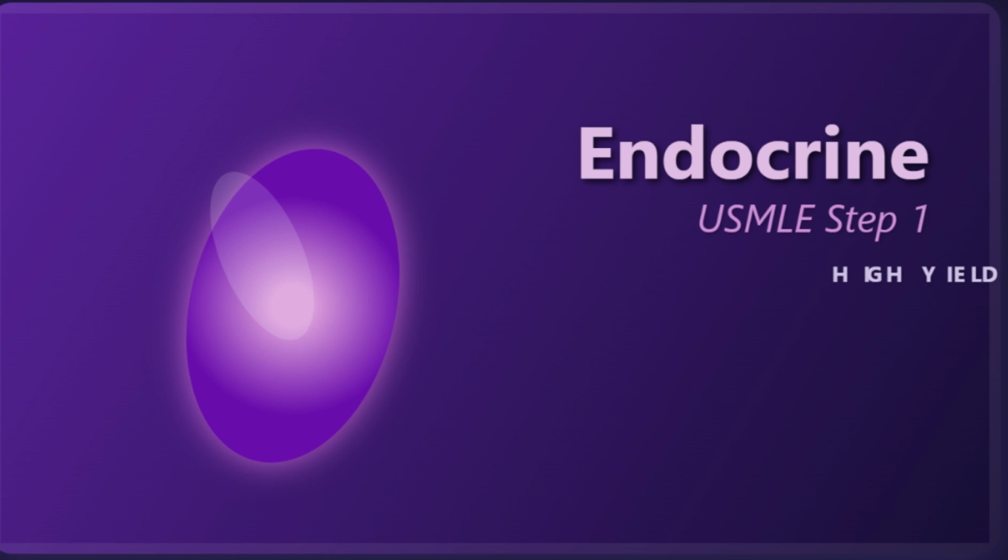Now let's talk about a rare but notable cause, Riedel thyroiditis, also referred to as invasive fibrous thyroiditis. It may occur as part of the IgG4-related disease spectrum, which includes conditions like autoimmune pancreatitis, retroperitoneal fibrosis, and non-infectious aortitis.